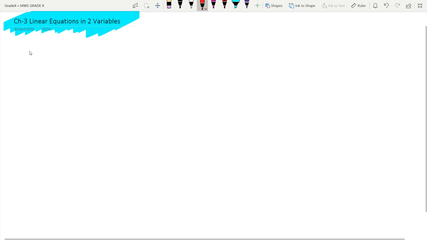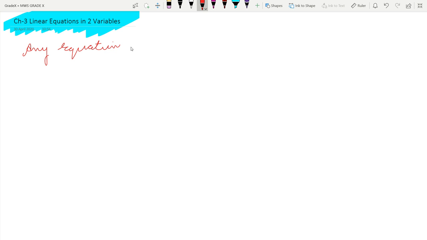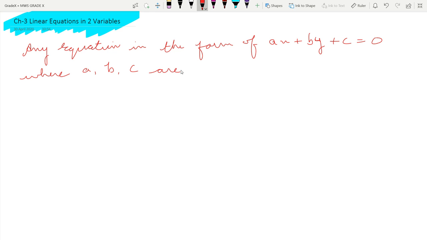Any equation in the form of ax plus by plus c is equal to 0, where a, b and c are real numbers, and a and b can't be 0, so a and b are non-zero.